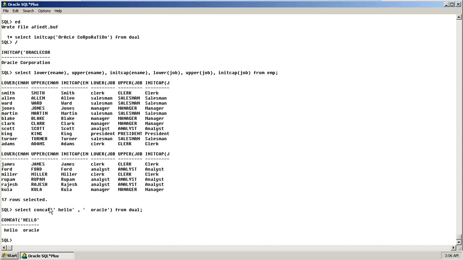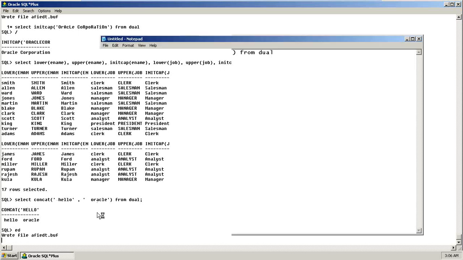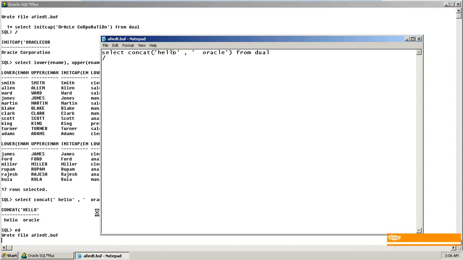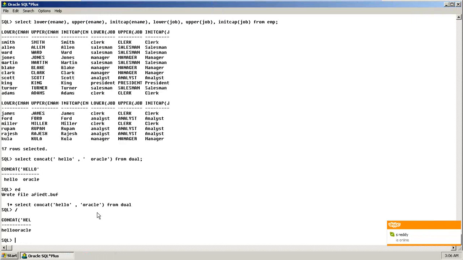So using the concat function, I can concatenate. But see, here intentionally I am keeping spaces. If there are no spaces, the result could be like this.